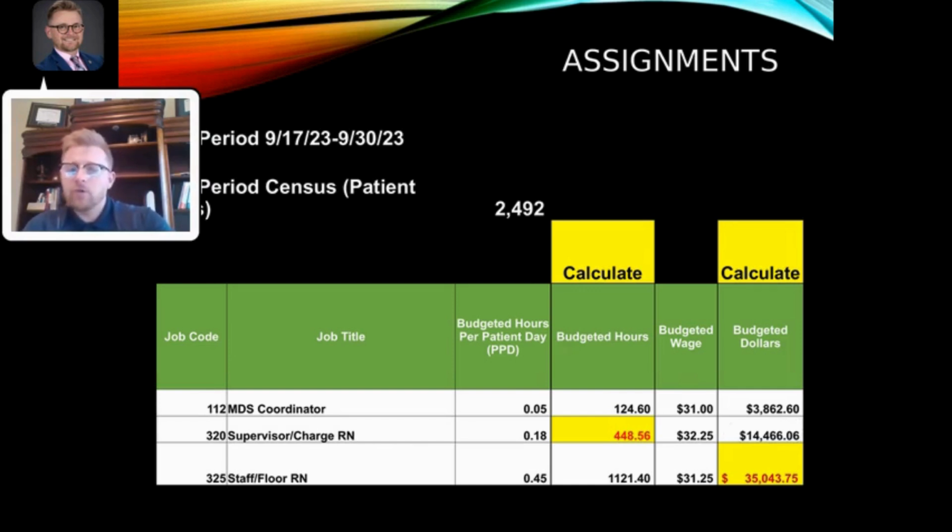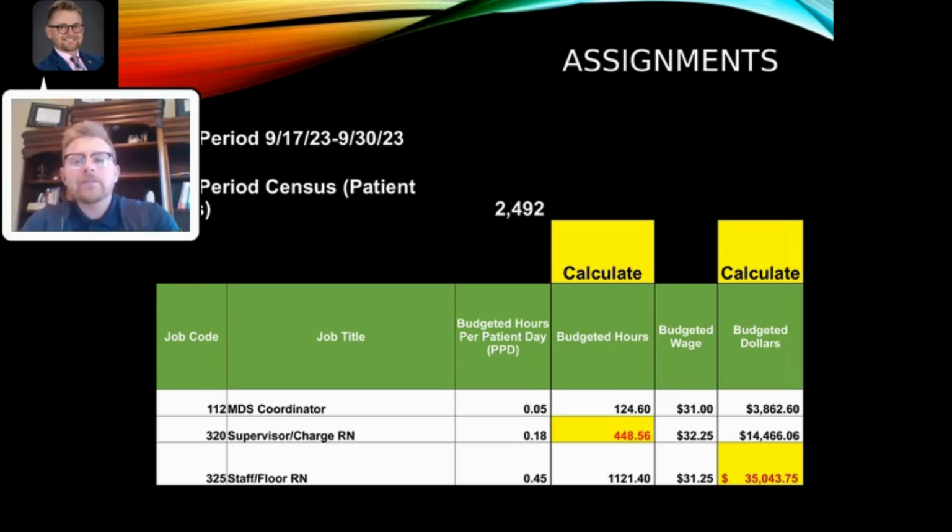Did your nursing home for this period, in the aggregate, come in under budget, at budget, or over budget, and why? Obviously it doesn't come in at budget. That would be a terrible assignment, right?